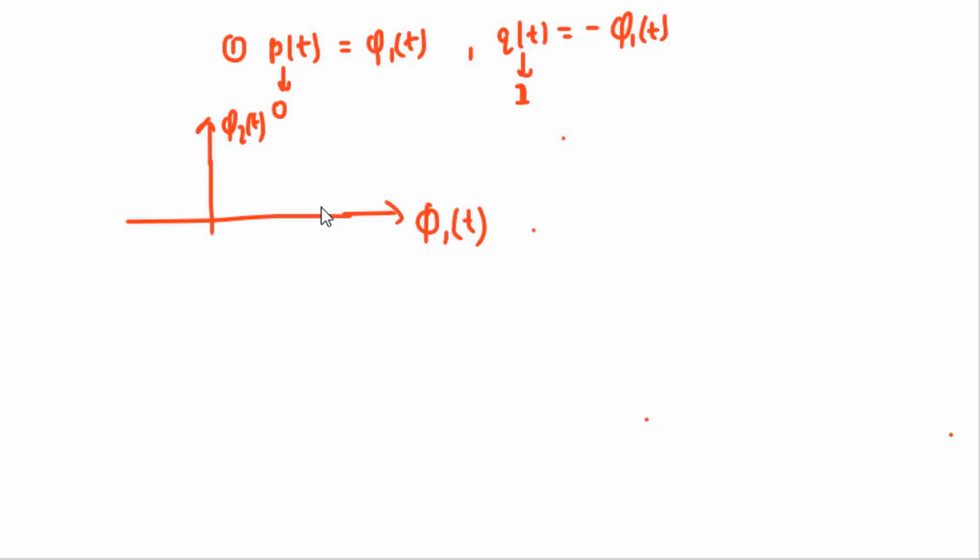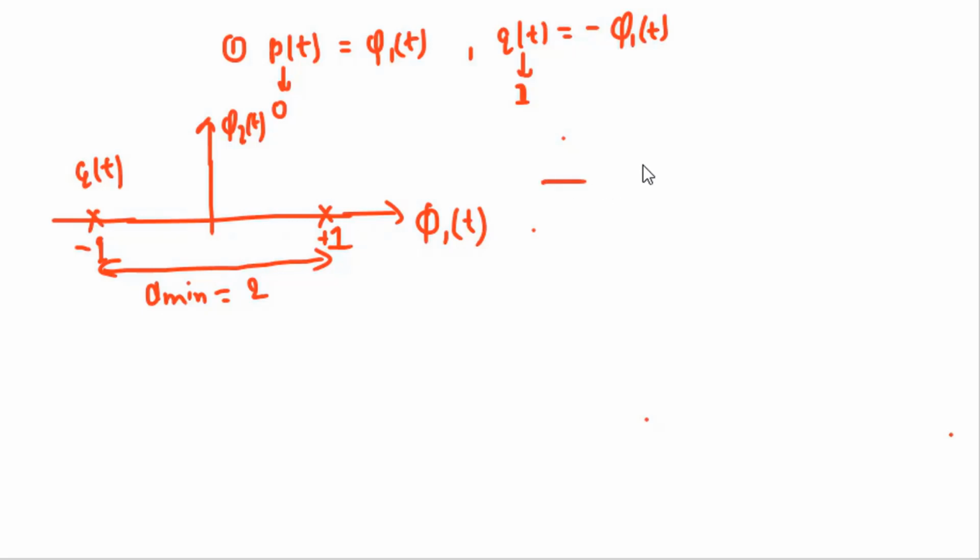You can mark P of t here, which is at plus 1, and you can mark minus phi 1 of t, which is at minus 1. So here is your Q of t. The distance between these two is d min, which is equal to 2. Whatever the P of t on the right-hand side, the same Q of t is at the same distance from 0 on the left-hand side. So this is your first condition.